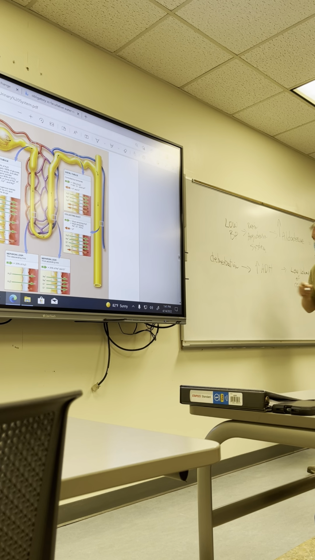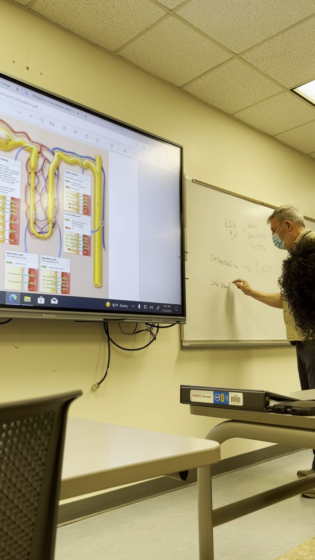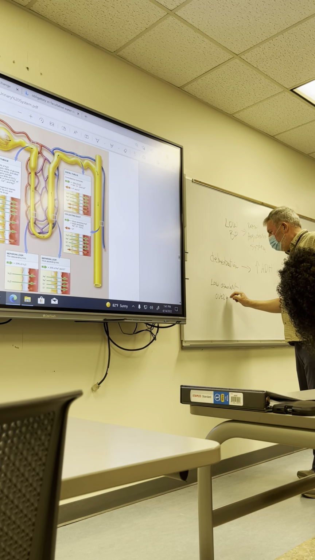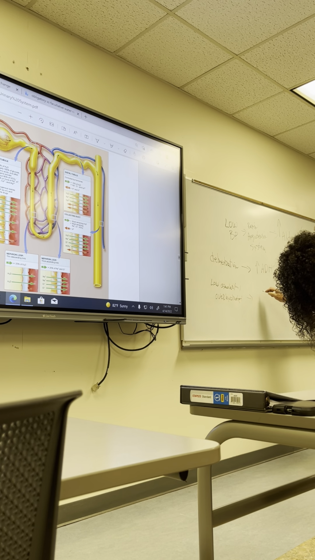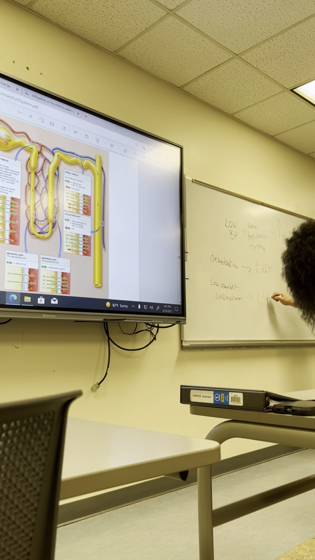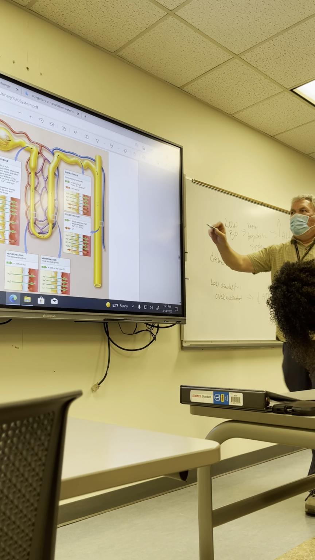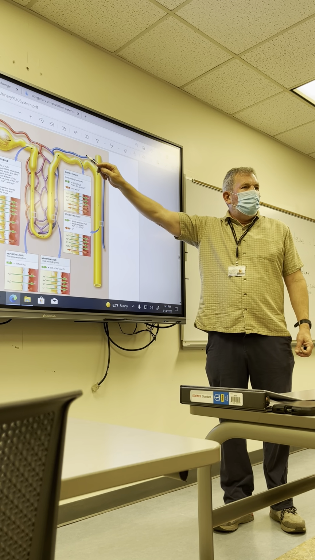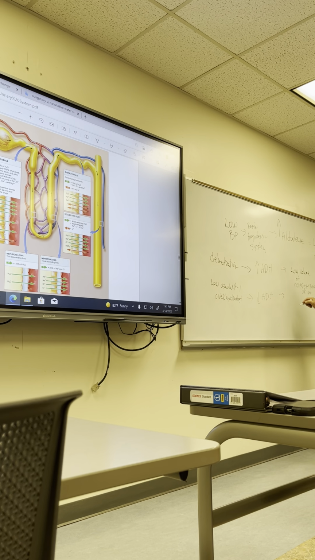And again, if I'm overhydrated, low osmolarity, that would trigger your ADH release to do what? Go down. And that would cause the filtrate to just stay in its intact form all the way down. So we're going to produce a very high volume of very dilute urine.